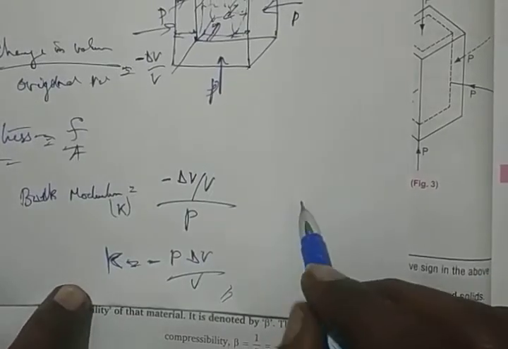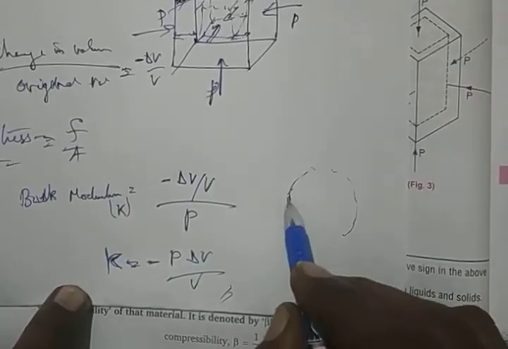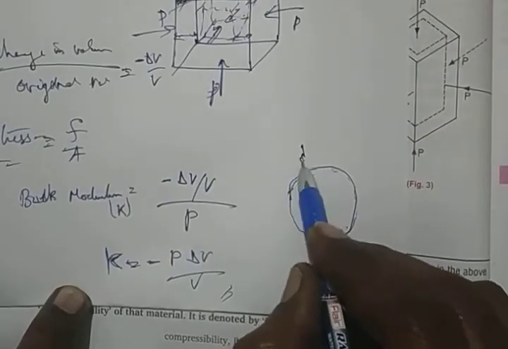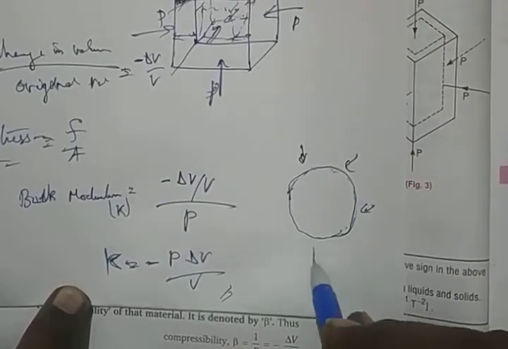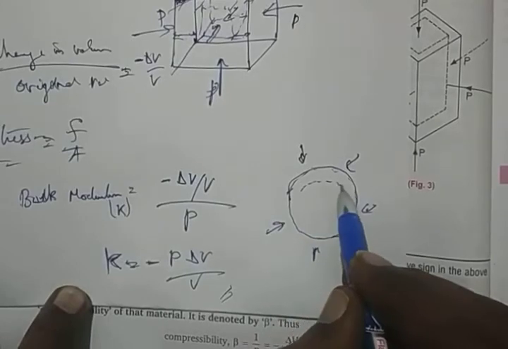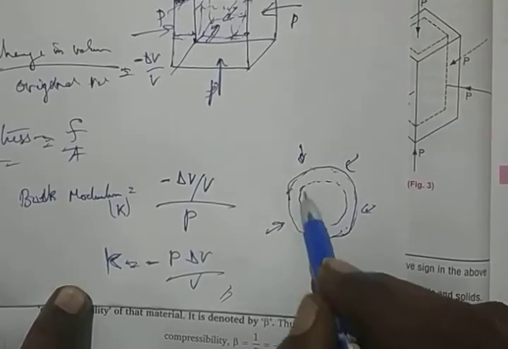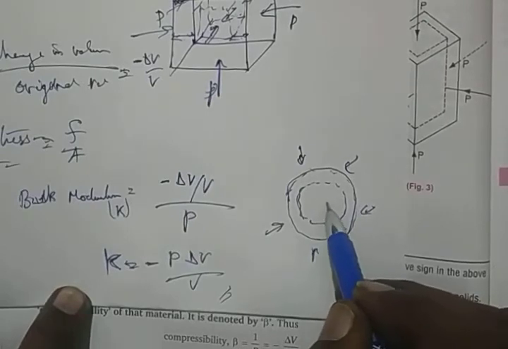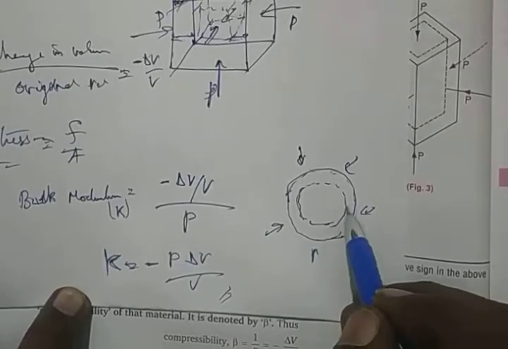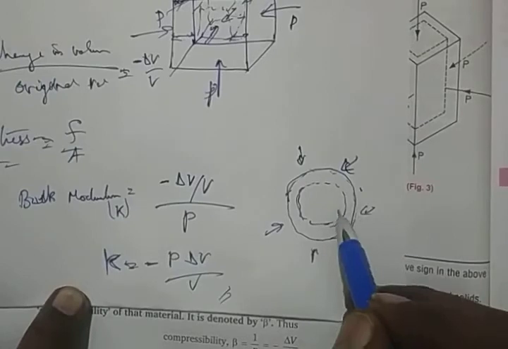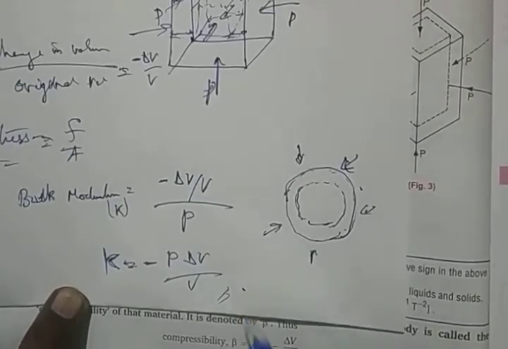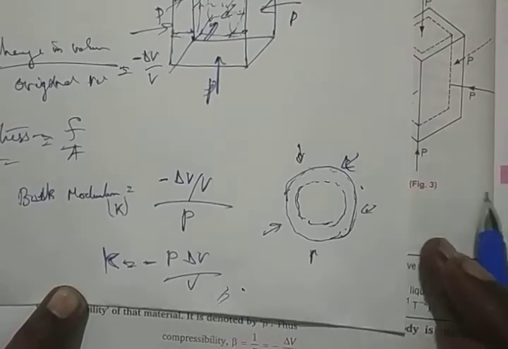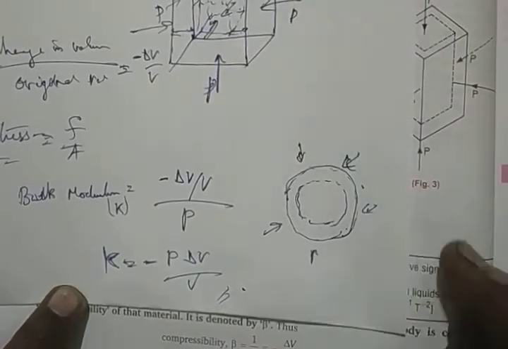If you have a balloon, you all played with balloons when you were small, and you apply force in all directions and it deforms into a smaller one. This is the new volume here. The first one is bigger and now it has gone to the new volume. You can also call this the change in volume to the original volume. Simple as that.